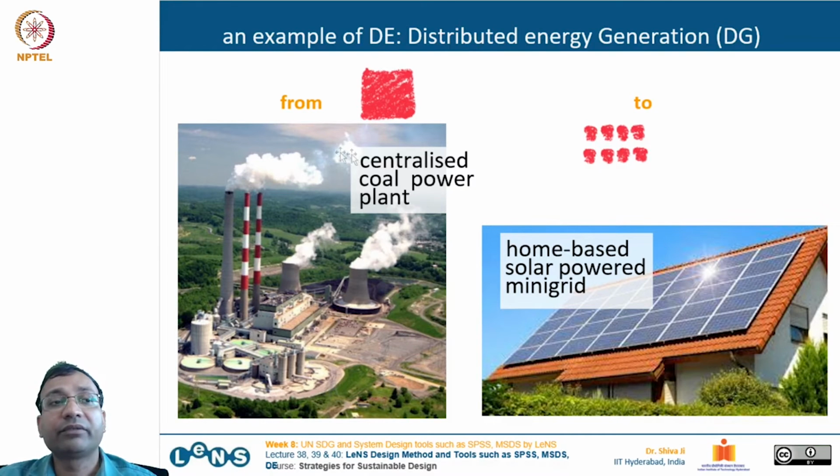Why? Because the ecological footprint of a project of this scale is very high. If you divide it into smaller units, the overall impact can be minimized. So this is where distributed economic models come into the power generation system. This is called a distributed energy generation system.